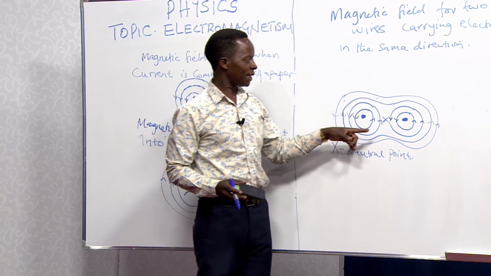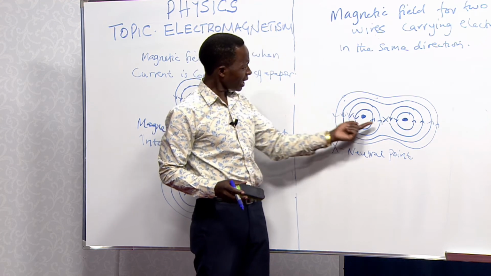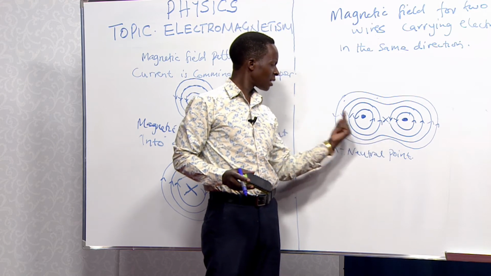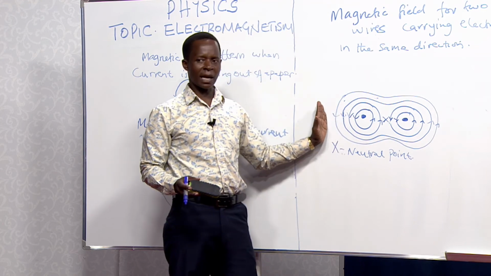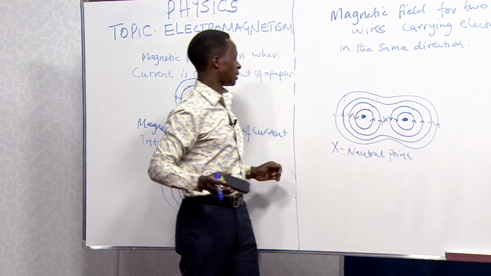Now, another observation here is that because at this point the fields are repelling, then more fields will concentrate this side and that side. And so those wires tend to attract.